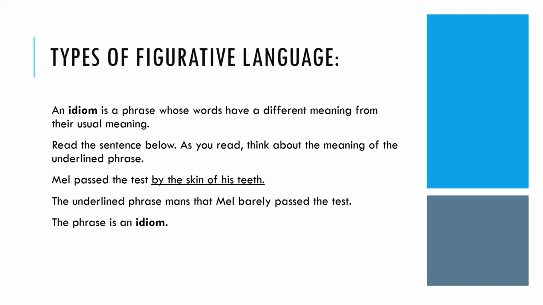So for example here, Mel passed the test by the skin of his teeth. So we know that there's no skin on our teeth. It's just enamel. But what we mean by this phrase is that it was a very close margin that this person passed this test. So this is an idiom. This is a phrase that is meant to represent another thing.